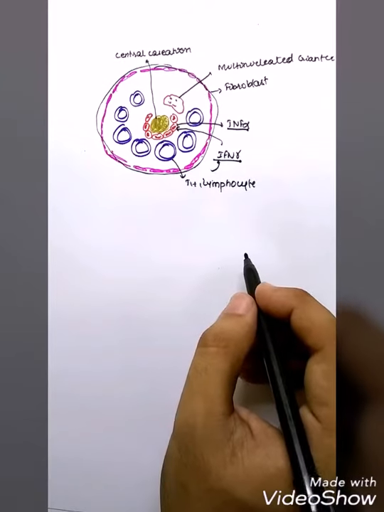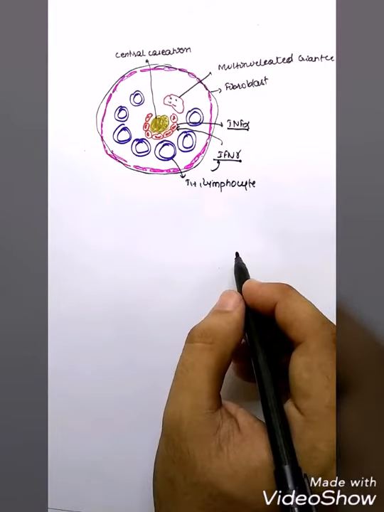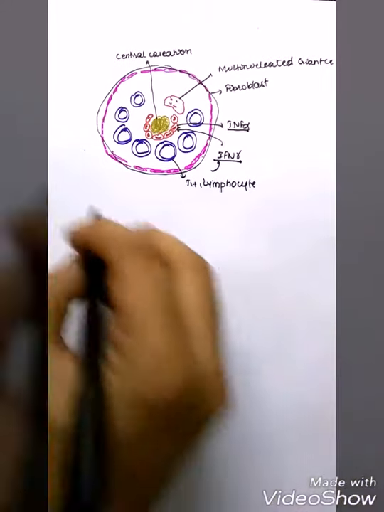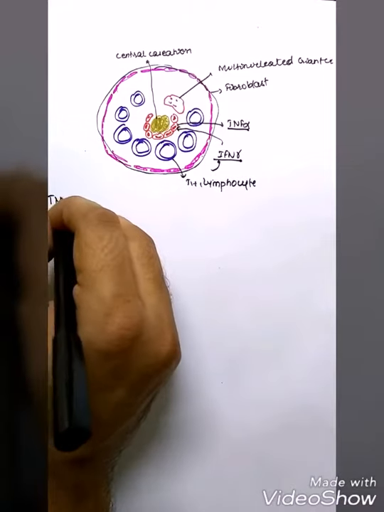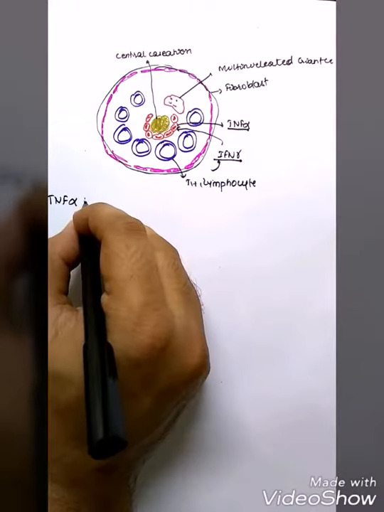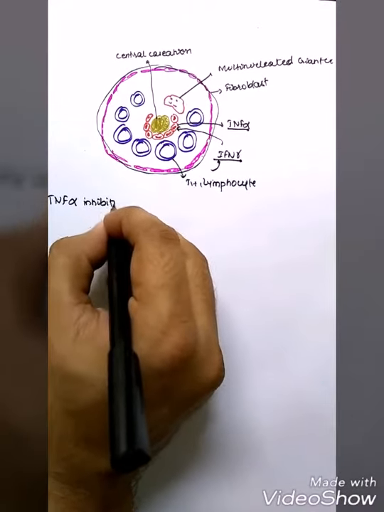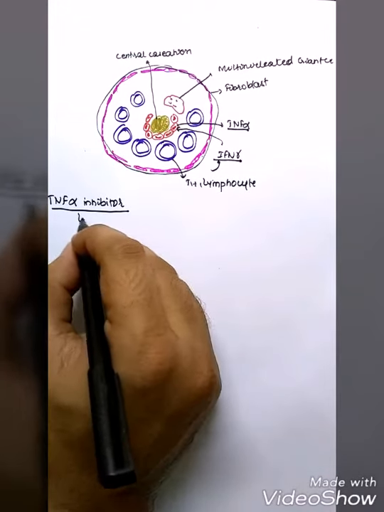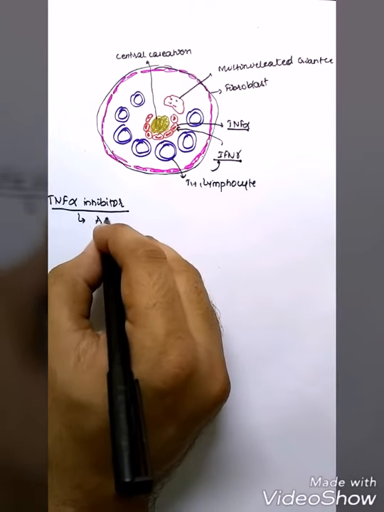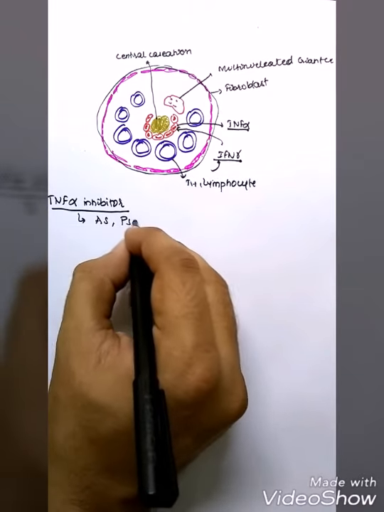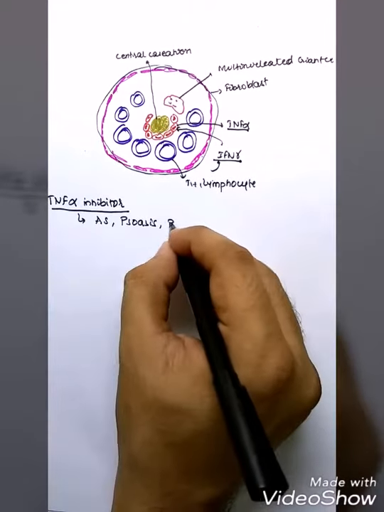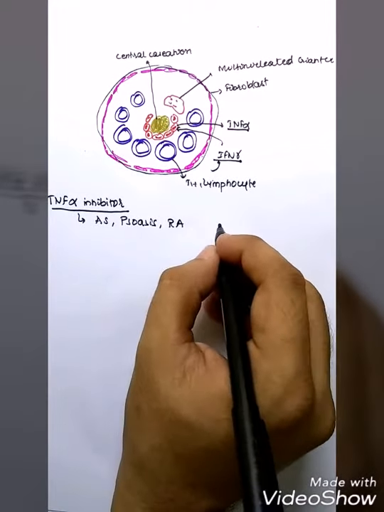Suppose in TB we find the same thing: the macrophage is walling off the TB infection so that TB would not disseminate. If I go beyond this further, we know that there are tumor necrosis factor inhibitor monoclonal antibodies which we use to treat ankylosing spondylitis, psoriasis, and rheumatoid arthritis, and many more autoimmune diseases.